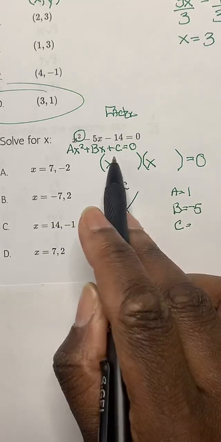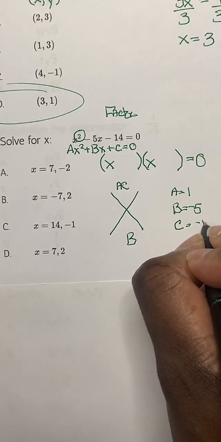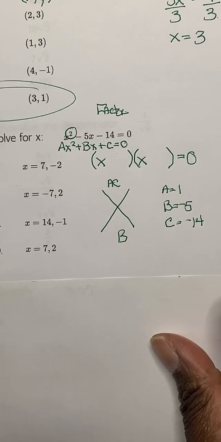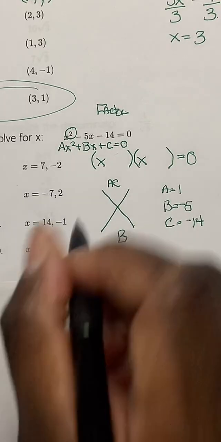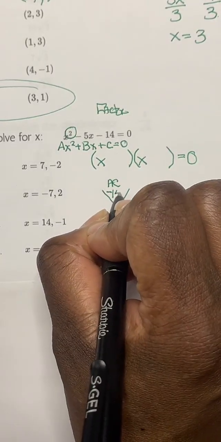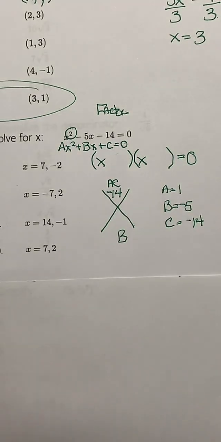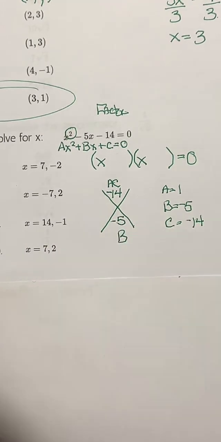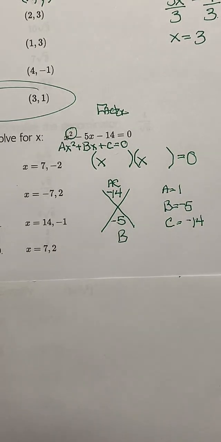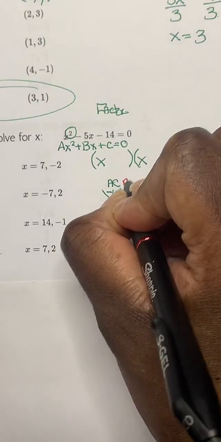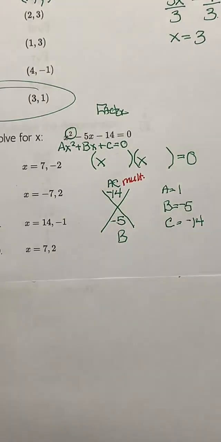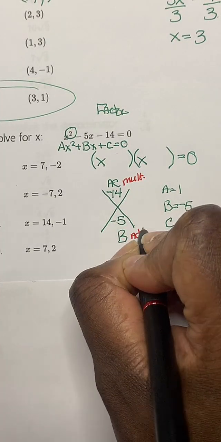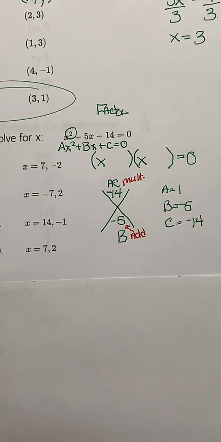And the c is your constant, which in this case is a -14. So if I multiply my a and my c together, I'm going to put its answer right here, which is -14. And the b, I'm going to rewrite under here. So now I need to think, what two numbers multiply to give me -14, and the same numbers add together to give me -5.